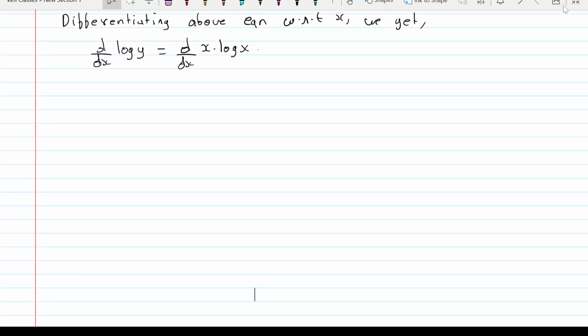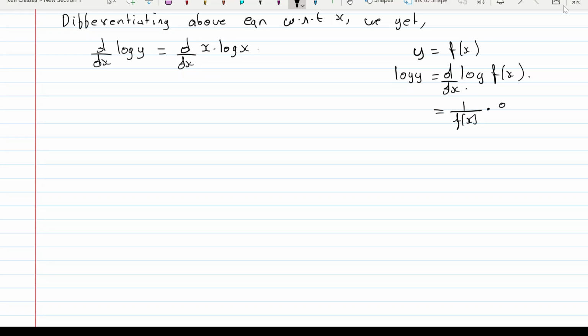So now derivative of log y with respect to x. Now remember, y is a function of x. It was given to us as x raised to x. So when you're finding the derivative of log y, it is as good as finding the derivative of log of f of x. And when you find the derivative of log f of x, the answer is 1 upon f of x into d by dx of f of x.